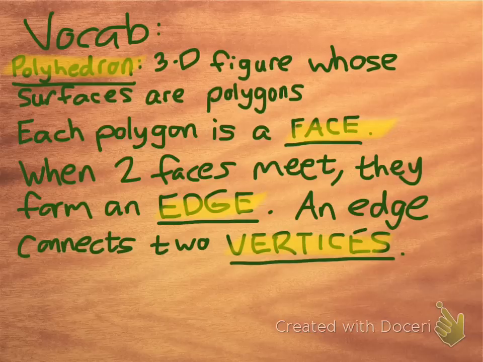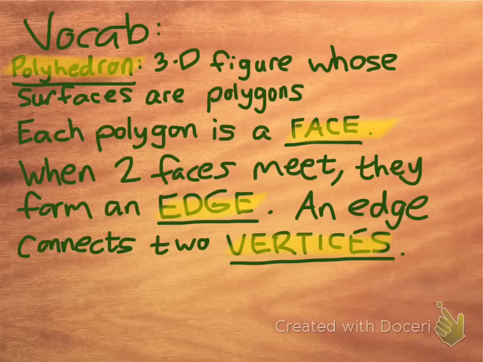It says a polyhedron is a three-dimensional figure whose surfaces are polygons. Each of those polygons is what we call a face. So each polygon on the polyhedron is called a face.